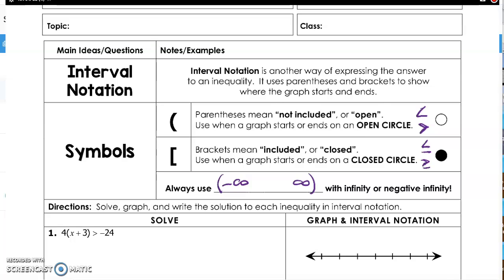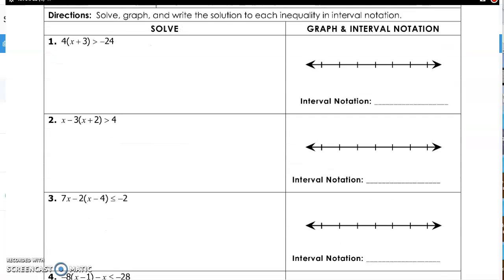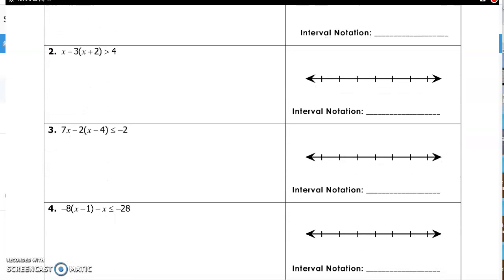This video is going to have the even problems, and then another video will have the odd problems. If we look at number 2, the first thing you need to do is distribute a negative 3. So bring the x down, you're distributing negative 3. So minus 3x minus 6 is greater than 4.